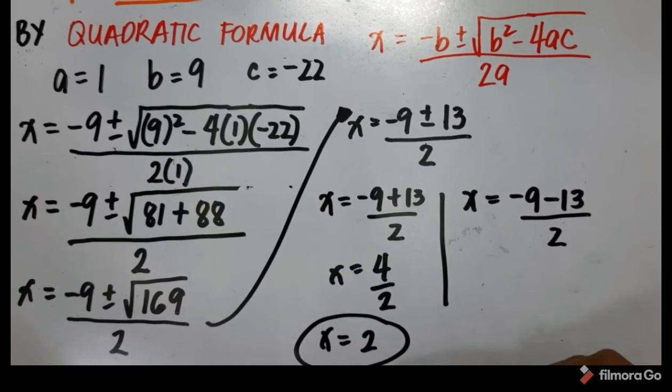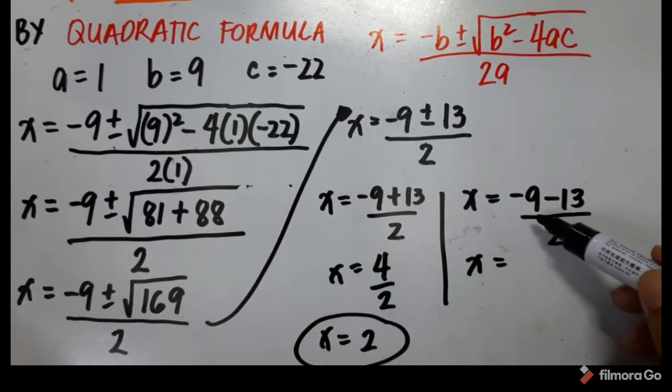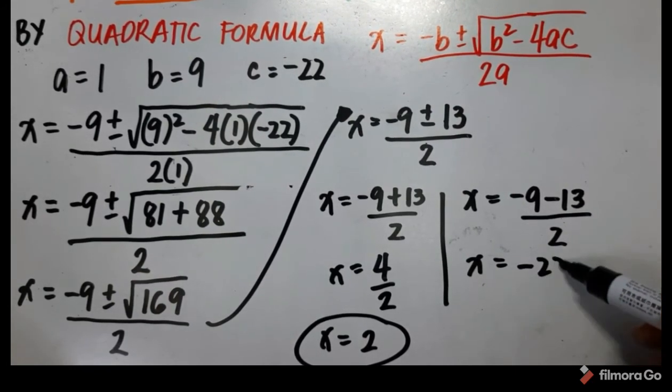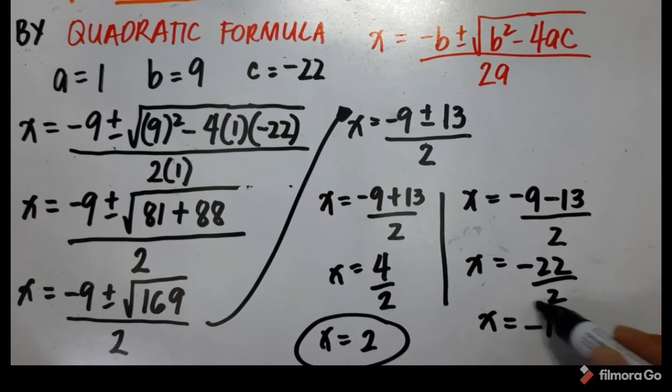So this is now our first solution. On the other side, we have negative 9 plus negative 13, which is negative 22 over 2. So the answer is negative 11.